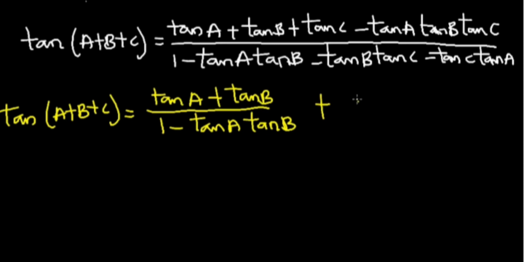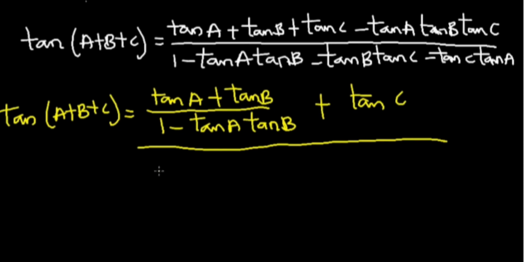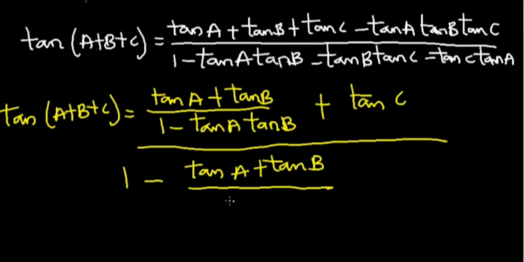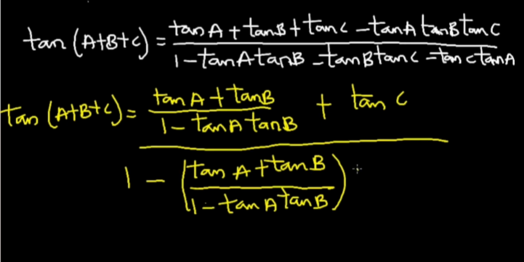Then plus tan C over 1 minus the same expression, (tan A plus tan B) over (1 minus tan A tan B), multiplied by my tan C.